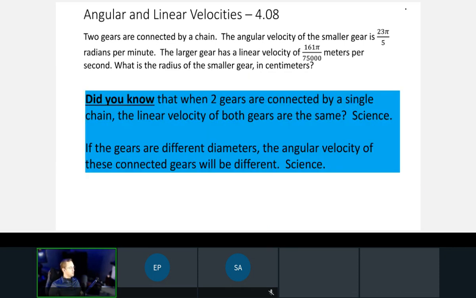All right, so here's this information. That's nice to know. Actually, you need to know it for this problem. Now, because linear velocities are the same no matter if you are on two gears connected together, that means the linear velocity for the larger gear, this means the linear velocity of 161 pi over 75,000 meters per second is also for the smaller gear.